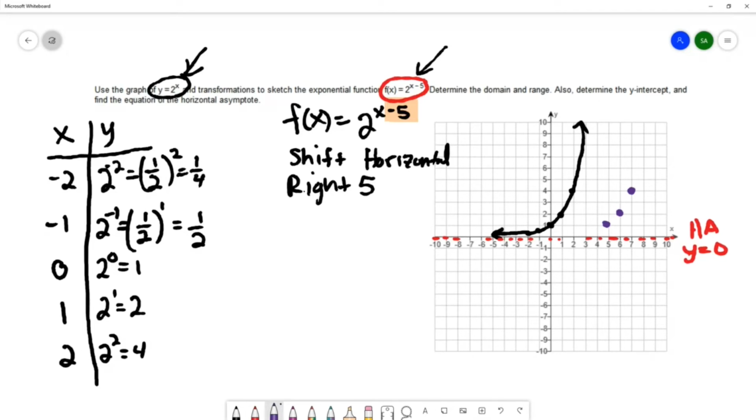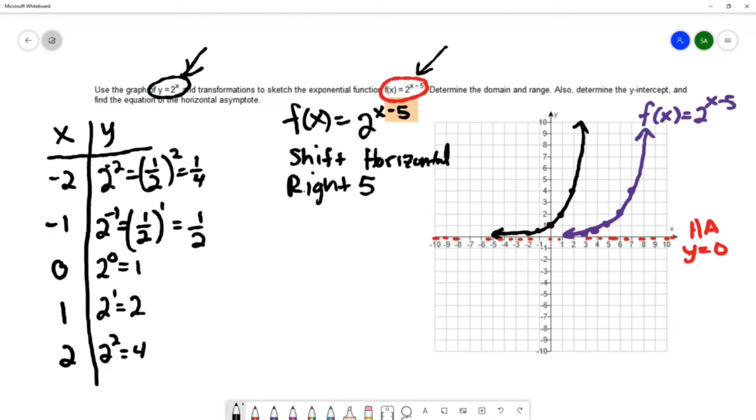Negative 1, 1/2 will move to 4, 1/2, and this point, negative 2, 1/4 will move to 3, 1/4. So this graph that has been shifted to the right 5 units is right here. f of x equals 2 to the x minus 5.